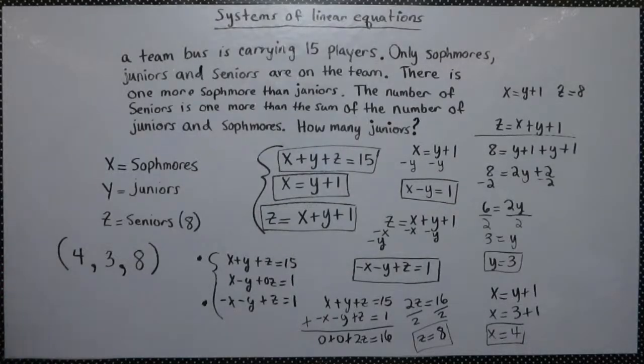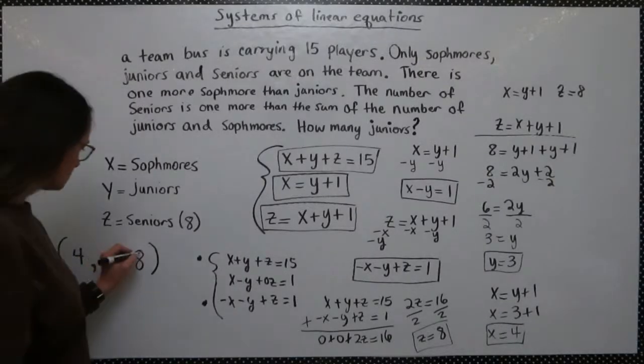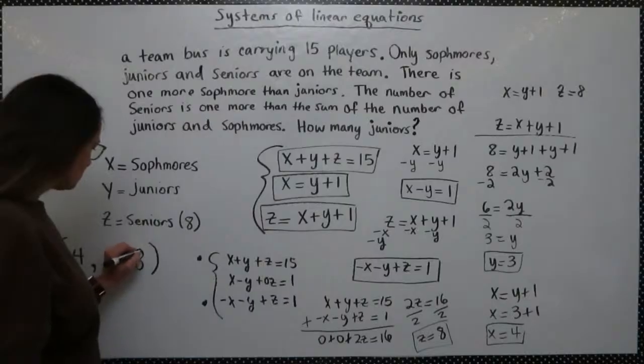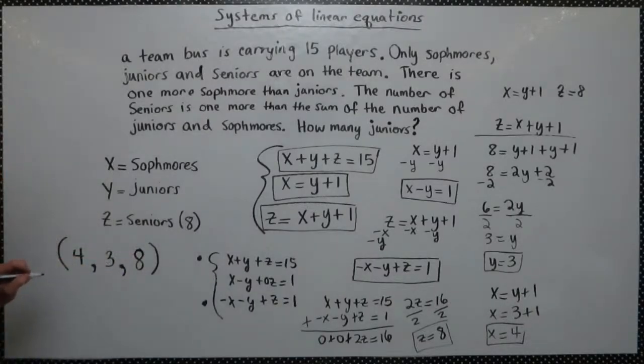There is one more sophomore than juniors. So the sophomores, one more than the juniors. And that's correct. And then it says the senior is one more than the sum of the number of juniors and sophomores. So 4 plus 3 is 7, plus 1 will be 8. Perfect. Just checking to make sure that the solution makes sense.